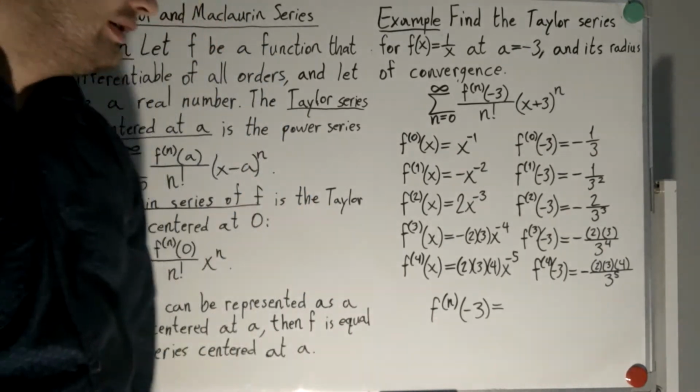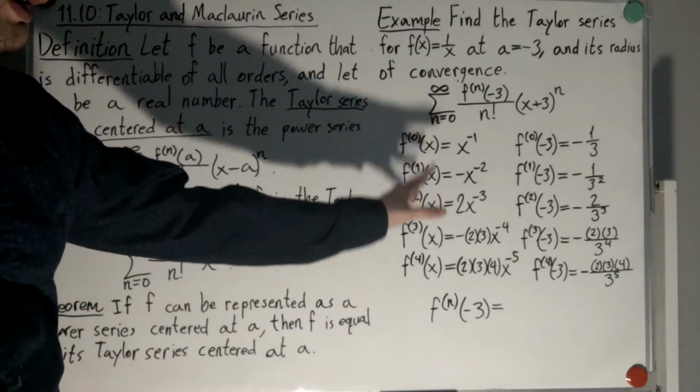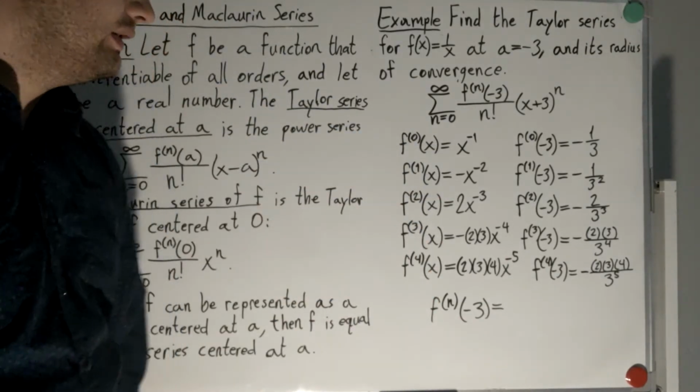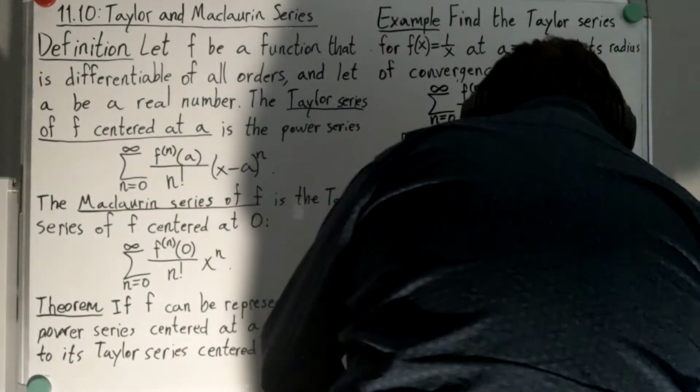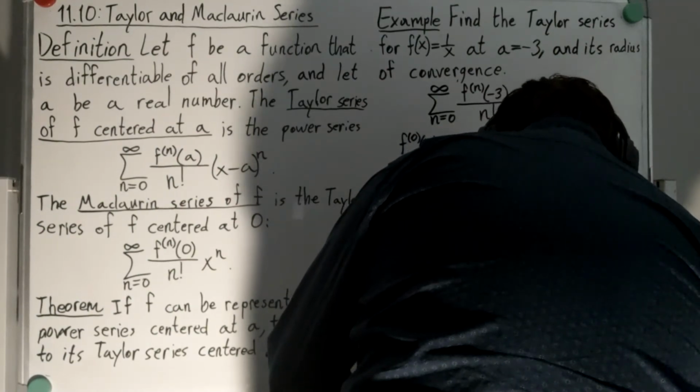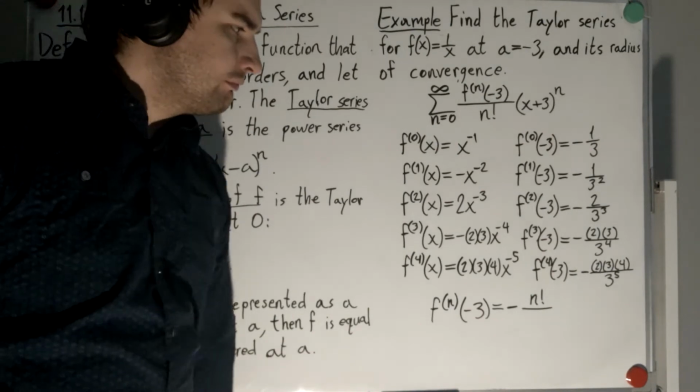Okay? So the numerator is always just going to end up being n factorial. So this is going to be -n factorial divided by something.